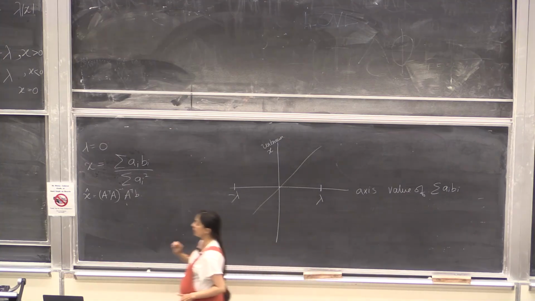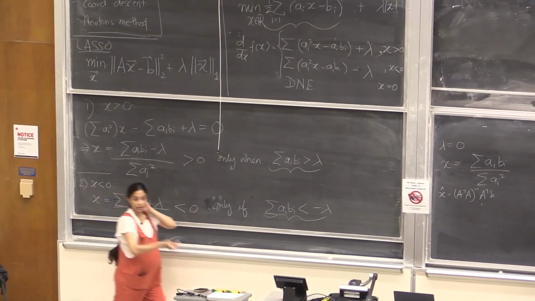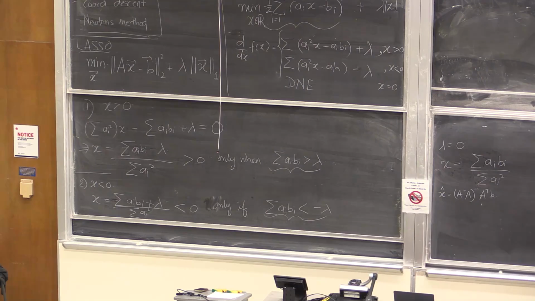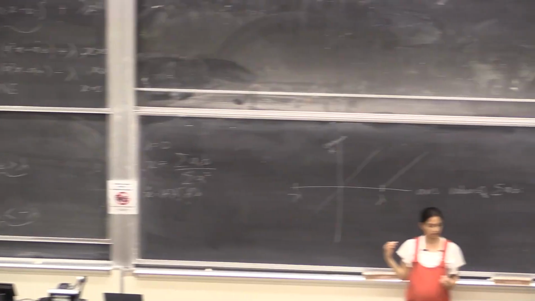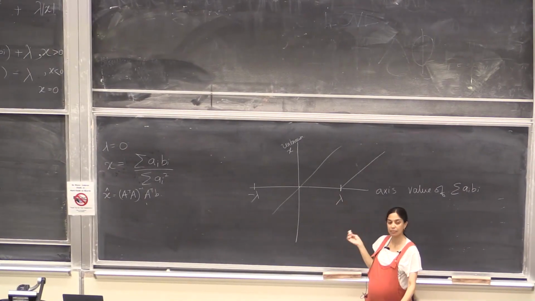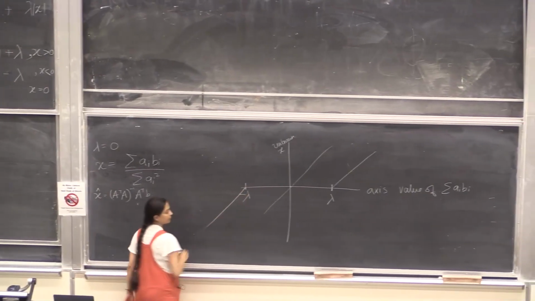And so what is that equal to? Well, it's also a linear function, just offset by this lambda. Instead of passing through 0, now it's going to pass through lambda. And so what you're going to get is something that looks like this. That's what your x is going to look like. It's exactly the same thing, just offset by lambda, and the same thing on the negative side.